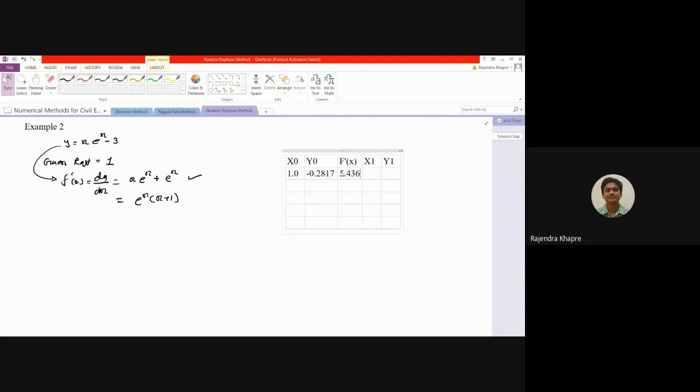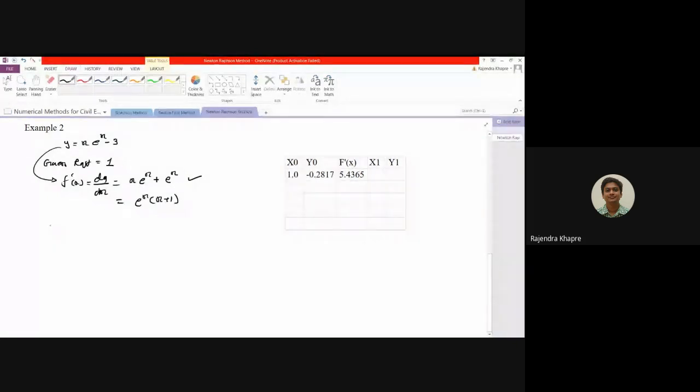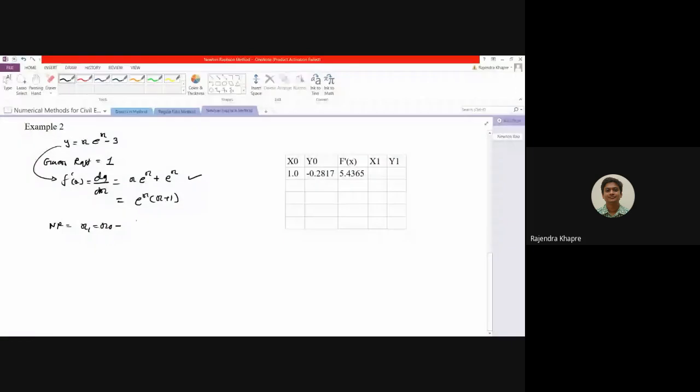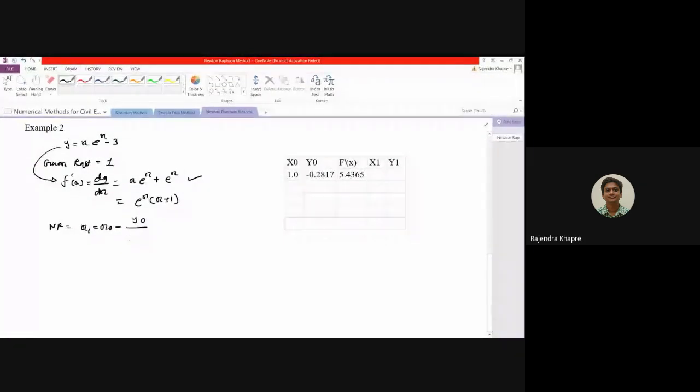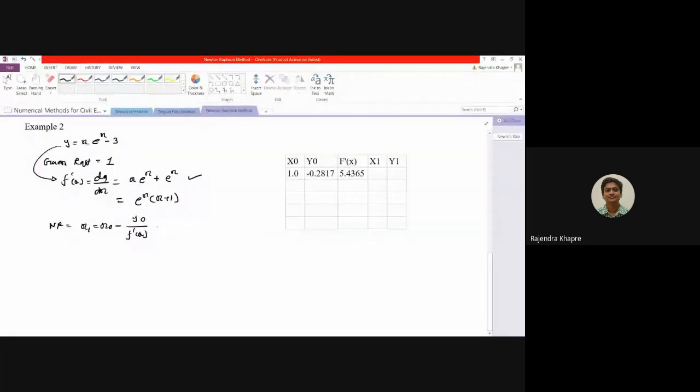And your Newton Raphson equation is like this. It is x1 equals x0 minus y0 divided by f dash of x. Use this expression and please tell me the value of x1. 1.0518.